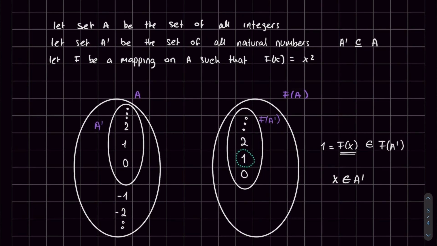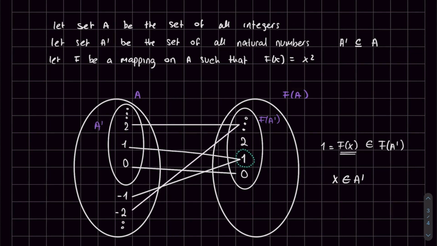F just takes every element in A and squares it. So we have that 0 will be squared, which would be 0. We have 1, which squared would be 1. We got 2, which squared would be 4, but I didn't have space to write it down, so that doesn't matter. So it's mapped to something that's here. We have -1, that would be squared, and that would be mapped to 1. And -2, well, that would also be squared and it'll map to 4, but we don't have it here, so that's just going to be on top here.